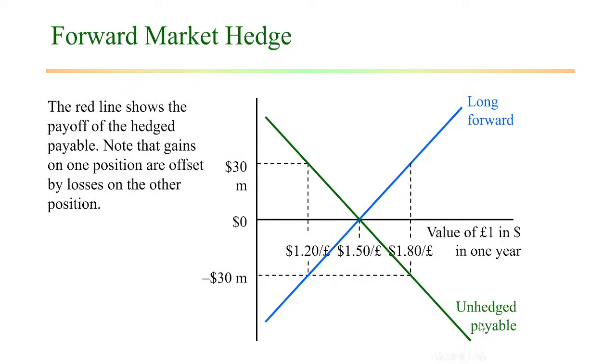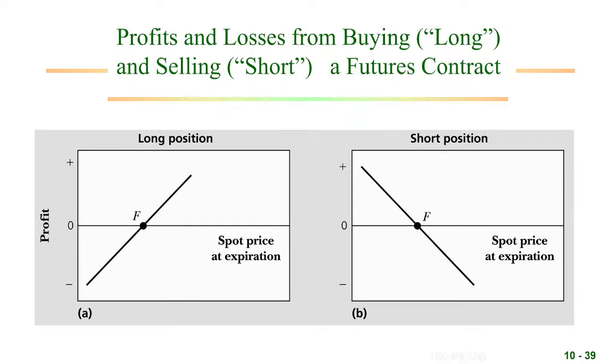Combined with the unhedged payable, you see they perfectly offset each other. So you have a straight horizontal line. So it's perfectly hedged. That means you eliminated the exchange rate movement risk. And understanding this profit chart, payoff chart, is very important. Long going upward, short positions going downward.